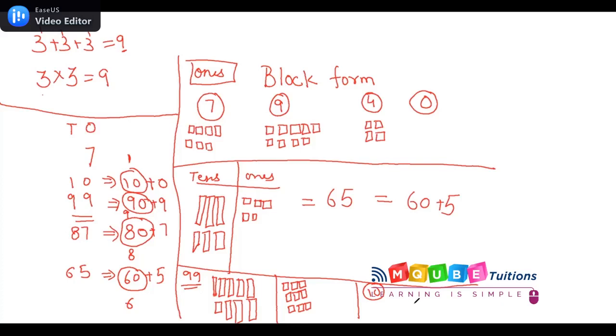There are no ones, correct? Is there any one in 10? There is no one. If I have 0, I do not draw anything, isn't it? So for 10, I will be having only one long rectangle.